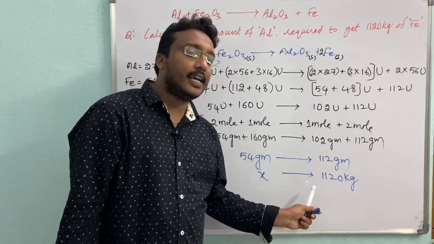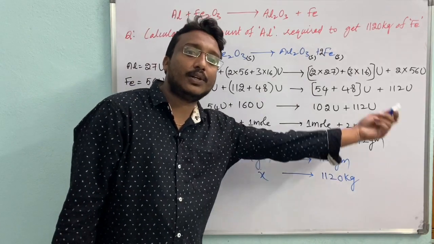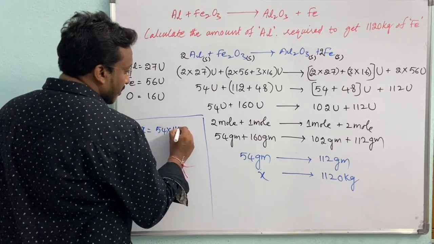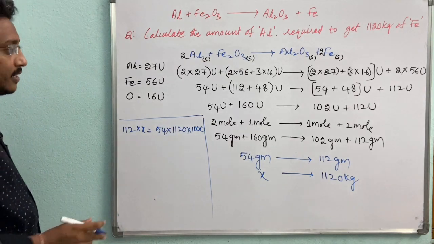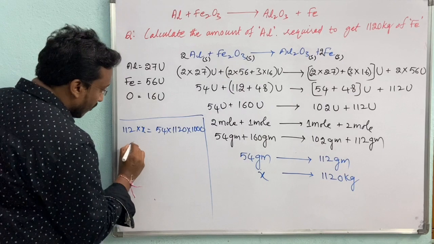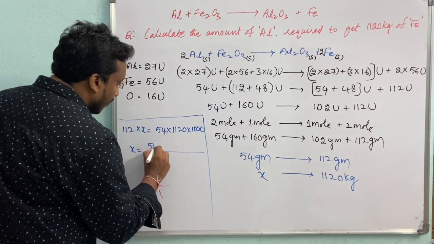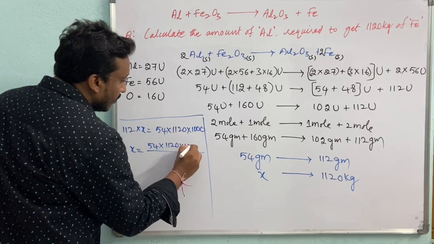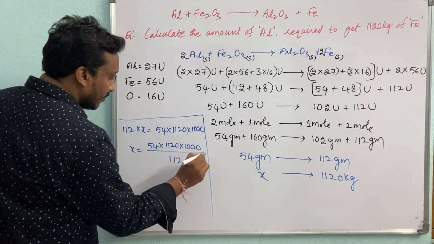So we have to convert 1120 kgs into grams. How do we convert? Very simple, multiply it by 1000. Now it is converted into grams. Next, x equals 54 into 1120 into 1000, divided by 112.